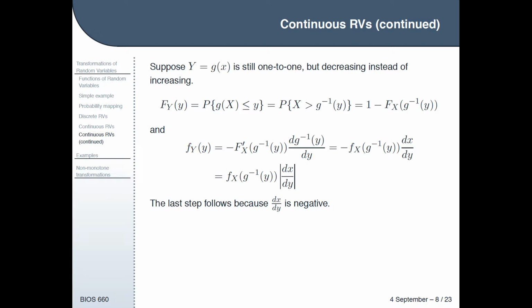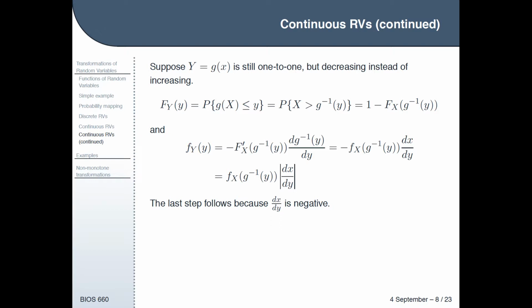We end up with minus 1 times the density function of x evaluated at g inverse of y times the derivative of the inverse of the transformation function, which is just going to be equal to the density function of x evaluated at g inverse of y times the absolute value of the derivative of the inverse function.